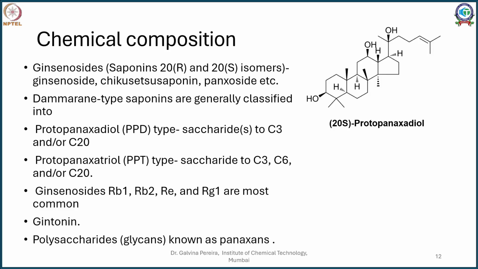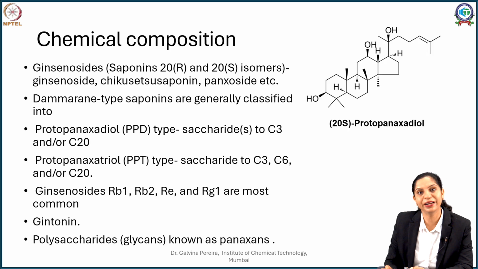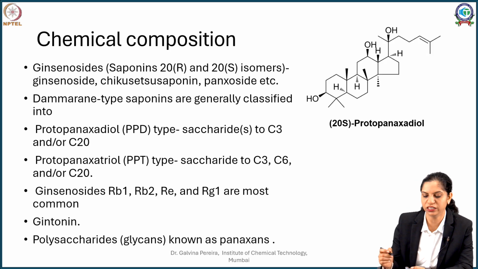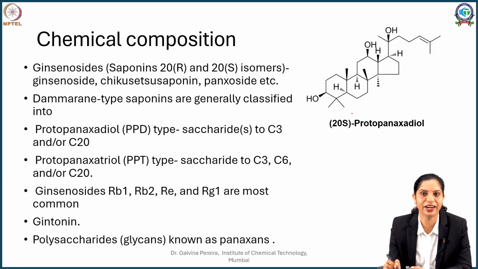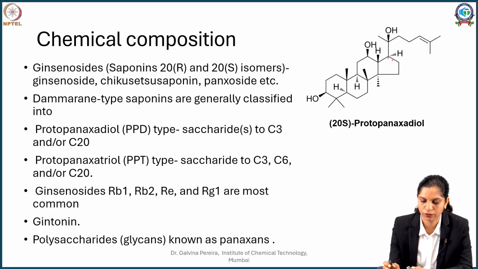If you see the chemical composition, ginseng is mostly Dammarane type of compounds, which we studied, that is, steroidal triterpenoids. In these steroidal triterpenoids, this is your C10 and this is your C19.